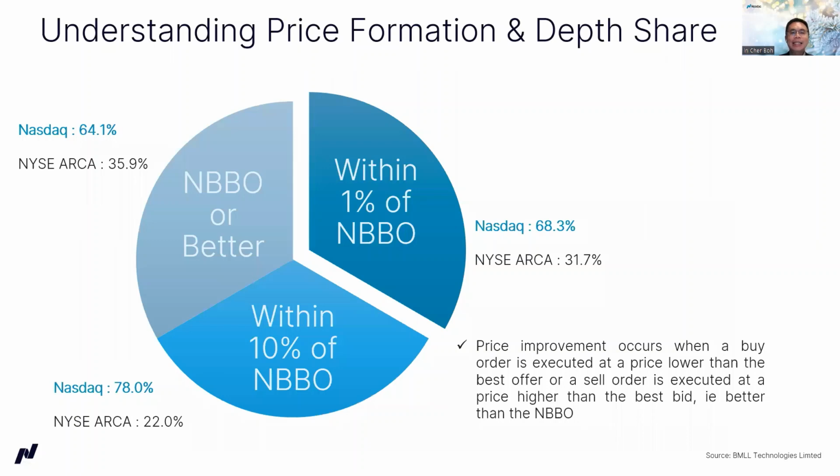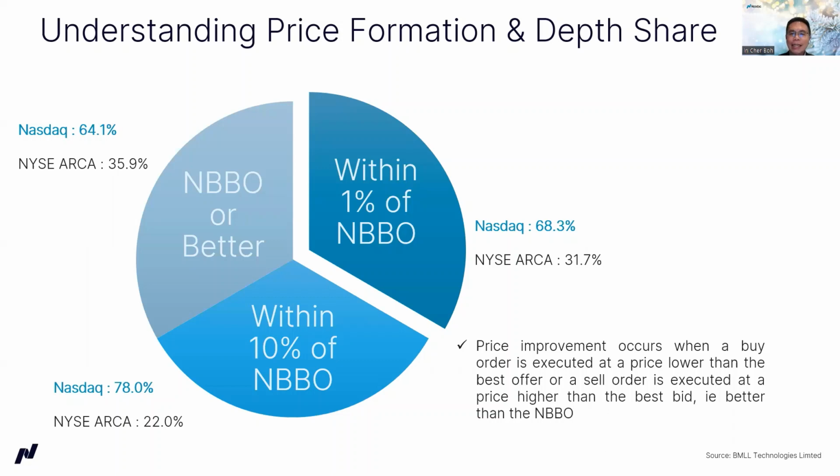Firstly, inside the NBBO or better. Price improvement occurs when a buy order is executed at a price lower than the best offer, or a sell order is executed at a price higher than the best bid. In other words, better than the NBBO.